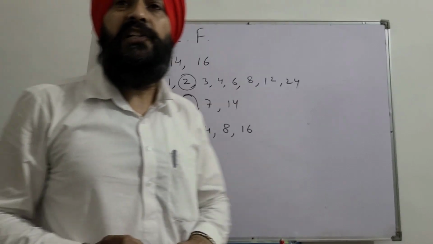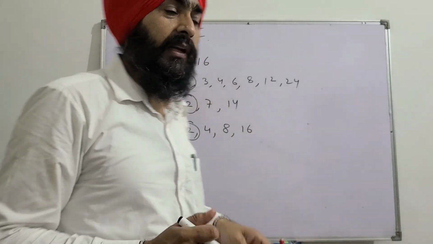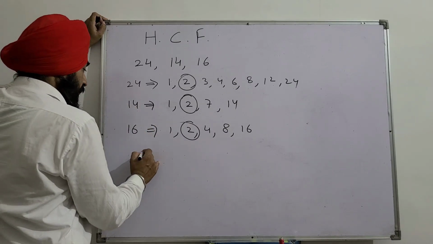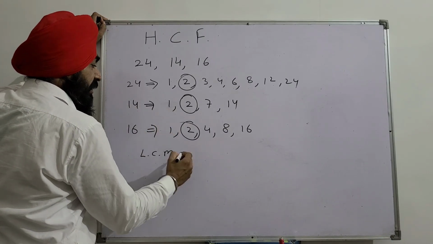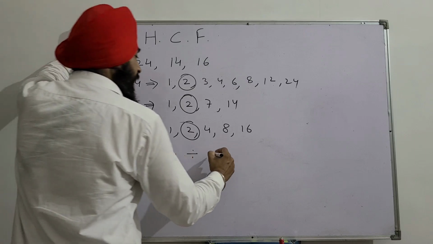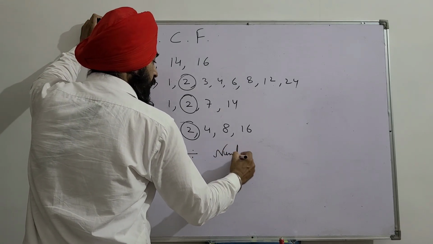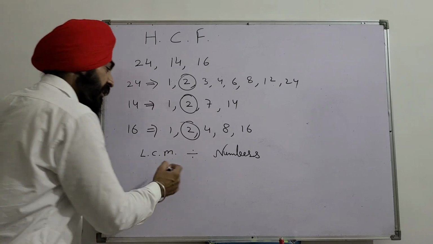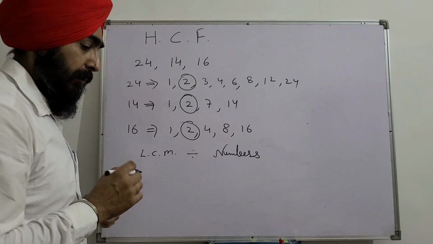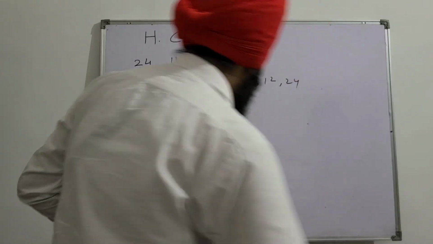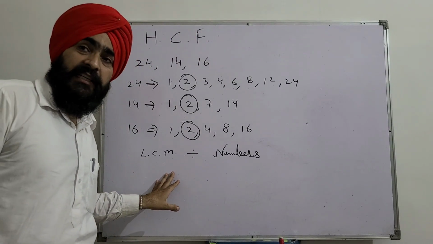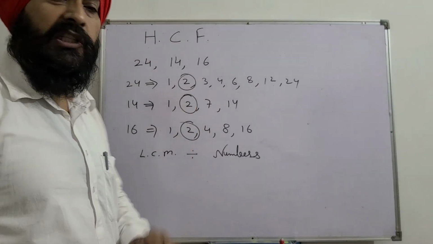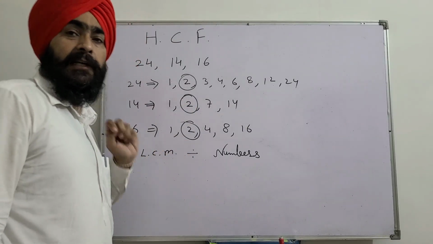You know beta, what is the connection between HCF, LCM and the given numbers? Listen beta, LCM is always divisible by the numbers. जिन numbers का ये LCM है, all those numbers perfectly divide the LCM.